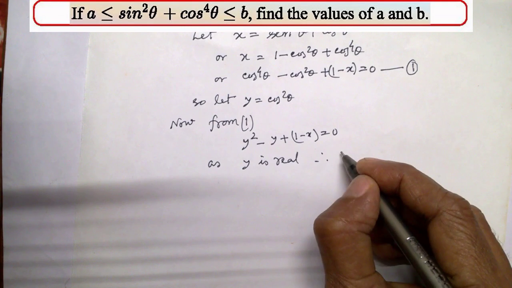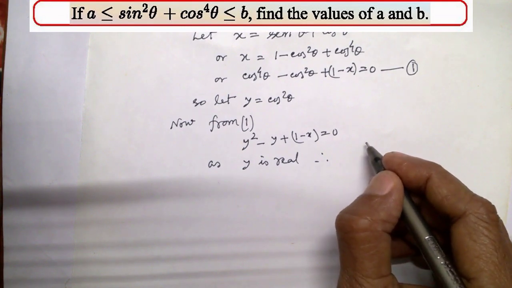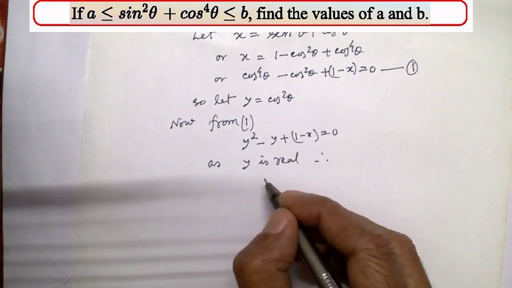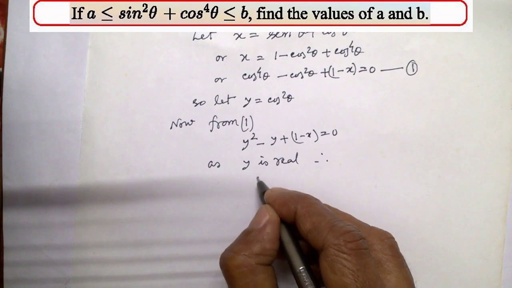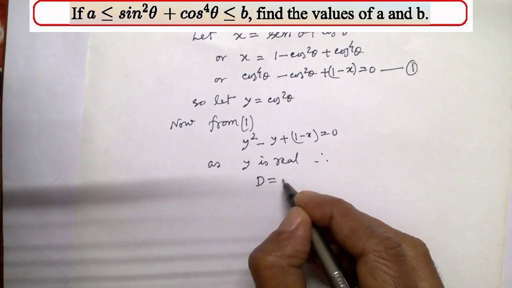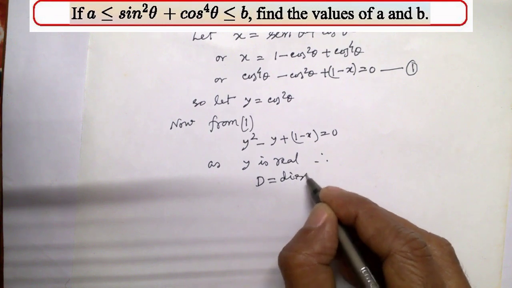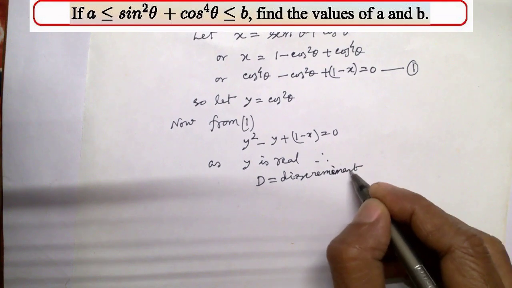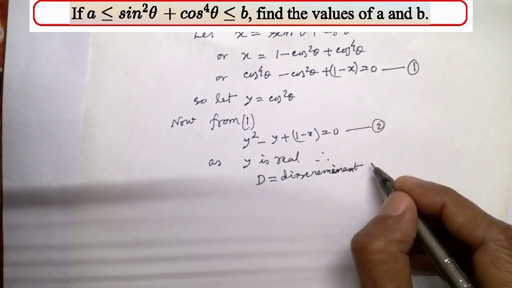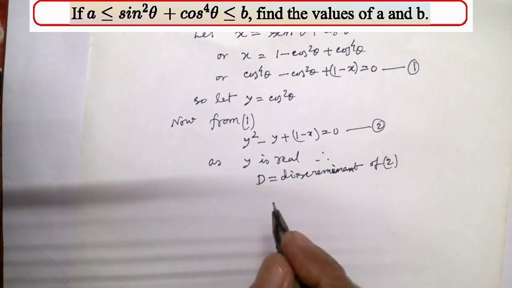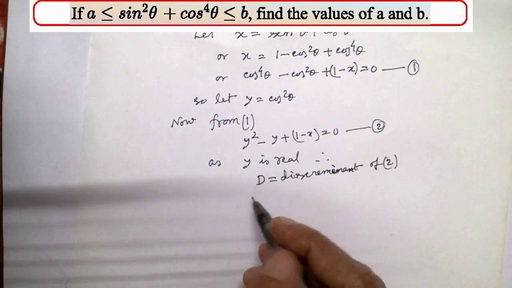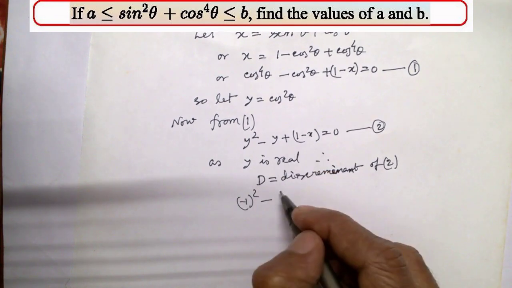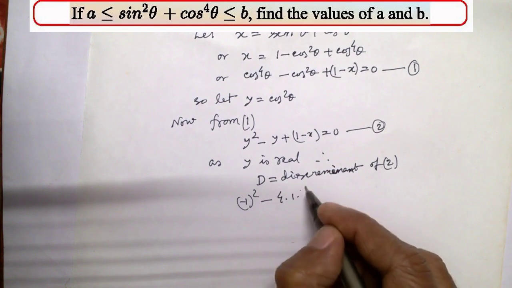Therefore its discriminant is greater than or equal to 0. The discriminant D is equal to b square minus 4ac, where b is minus 1, a is 1, c is 1 minus x.